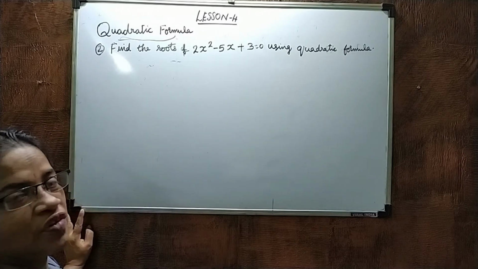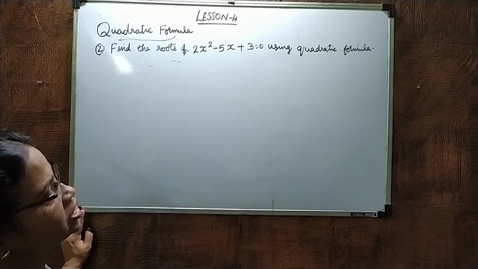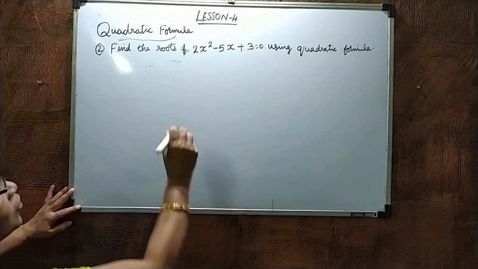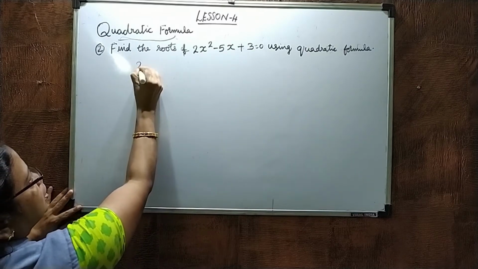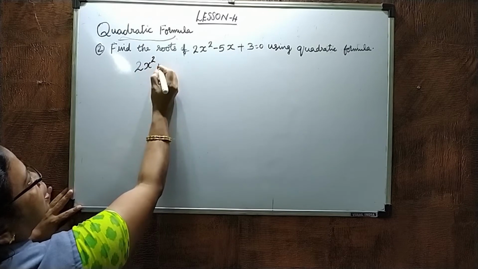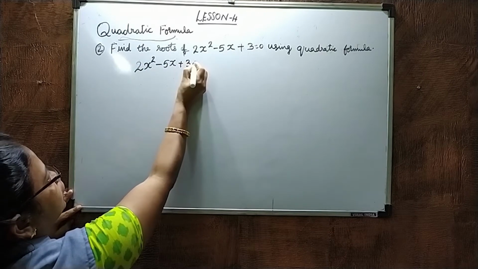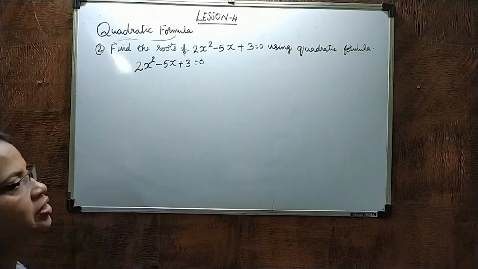Second question. Find the roots of 2x square minus 5x plus 3 equal to 0 using quadratic formula. So what do you do? What you should do is just write the question first. It is 2x square minus 5x plus 3 equal to 0. After this, you have to find out what is ABC.